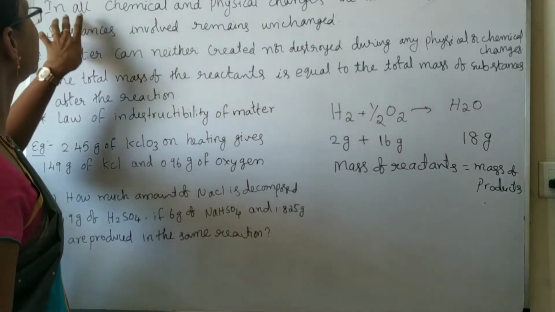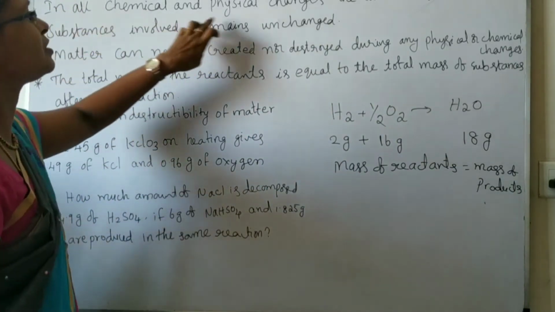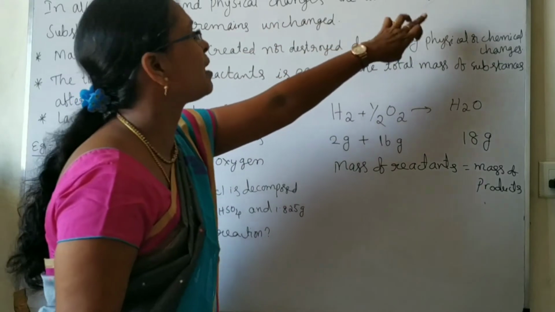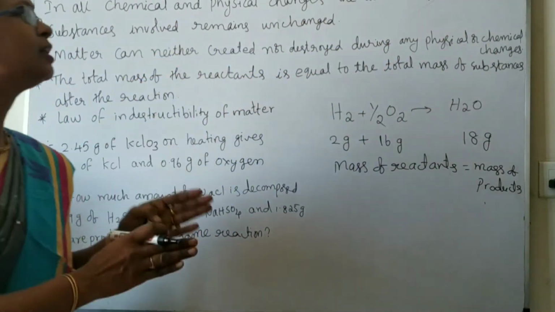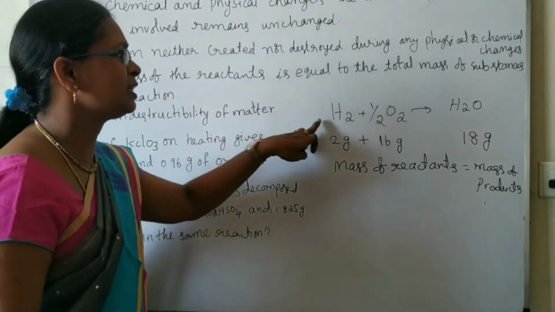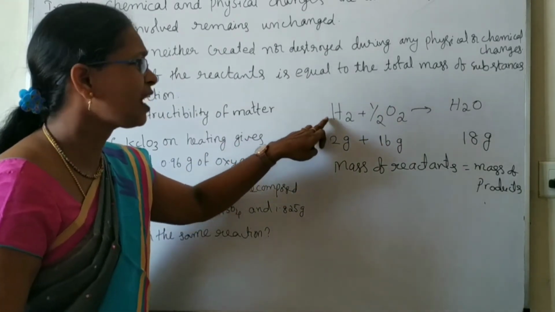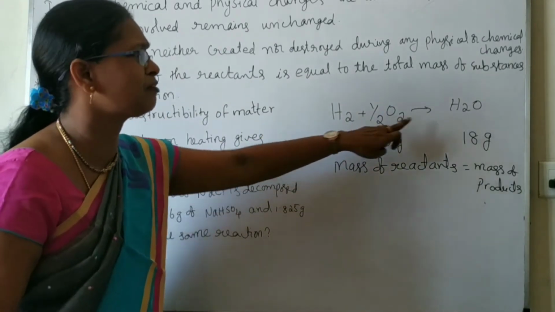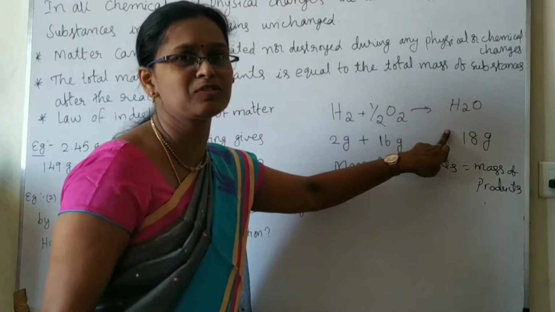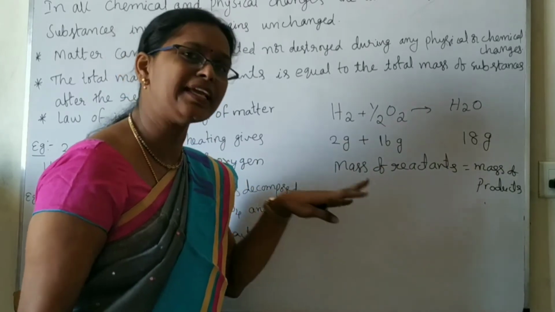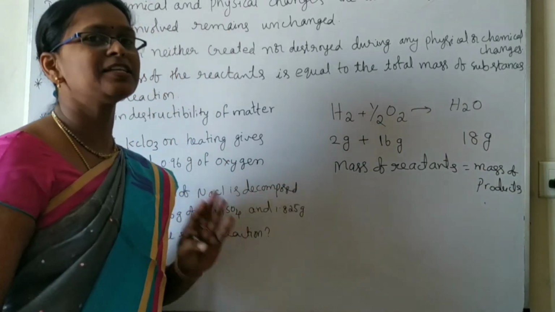Here is the definition: in all chemical and physical changes, the total mass of the substances involved remains unchanged. You take here, hydrogen is there. Hydrogen is not changing anything even after reacting with oxygen and forming a water molecule. There is no change. Not only in this, any equation you take, there is no change.